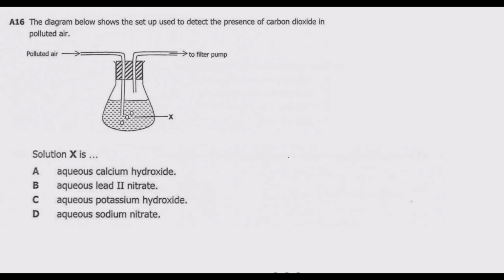So what we know is we want to detect the presence of carbon dioxide. Carbon dioxide turns lime water milky as a way of knowing it. So what do we use to test for the presence of carbon dioxide? This one is lime water, which turns milky.